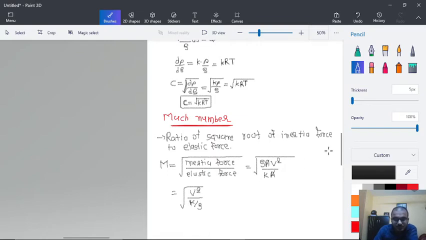And as we know, square root of K upon rho is the speed of sound. So here V is as it is, divided by the square root of K upon rho. So this is equal to V upon C, that is normal velocity divided by speed of sound.